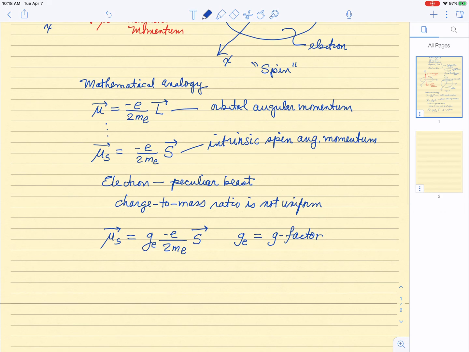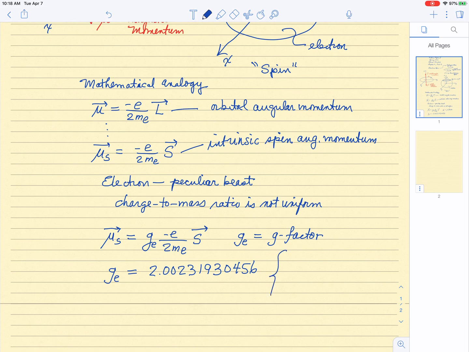And the g factor for the electron is one of the best known physical constants. As a matter of fact, g sub e is equal to 2.0023193.0456. And that's an experimentally determined value.